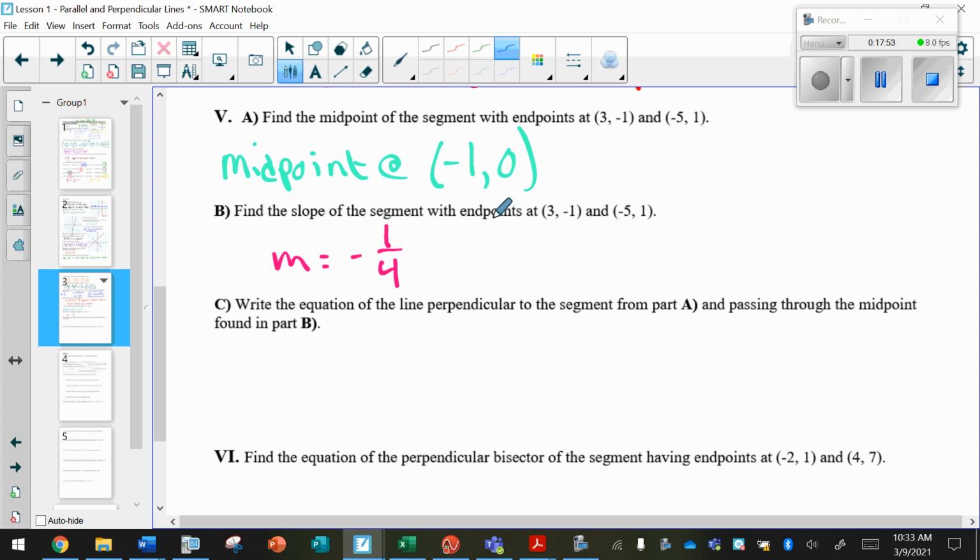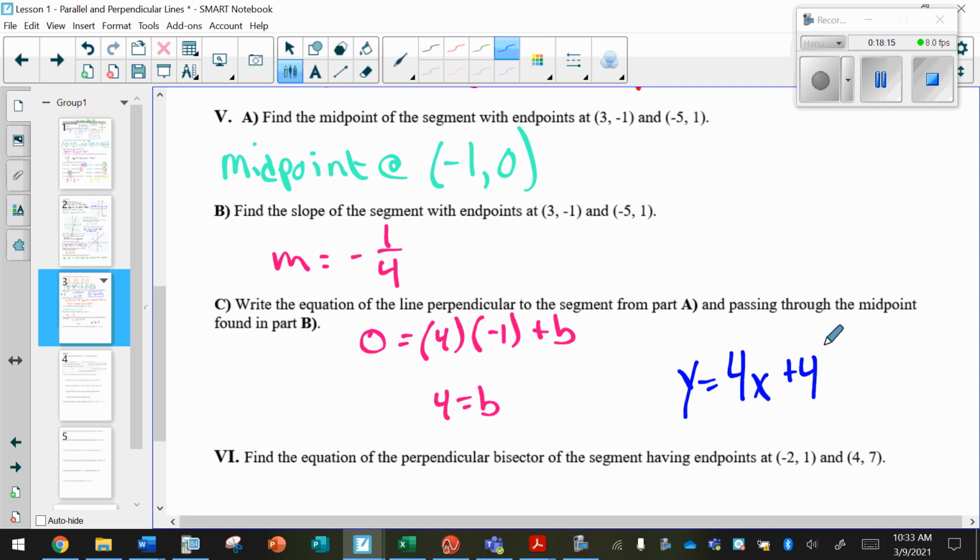So we are going to use the y value of 0, our slope of +4, and our x value of -1 to find the y-intercept, which will be 4. So then the equation of our perpendicular bisector, slope of 4, y-intercept of 4, is y = 4x + 4.